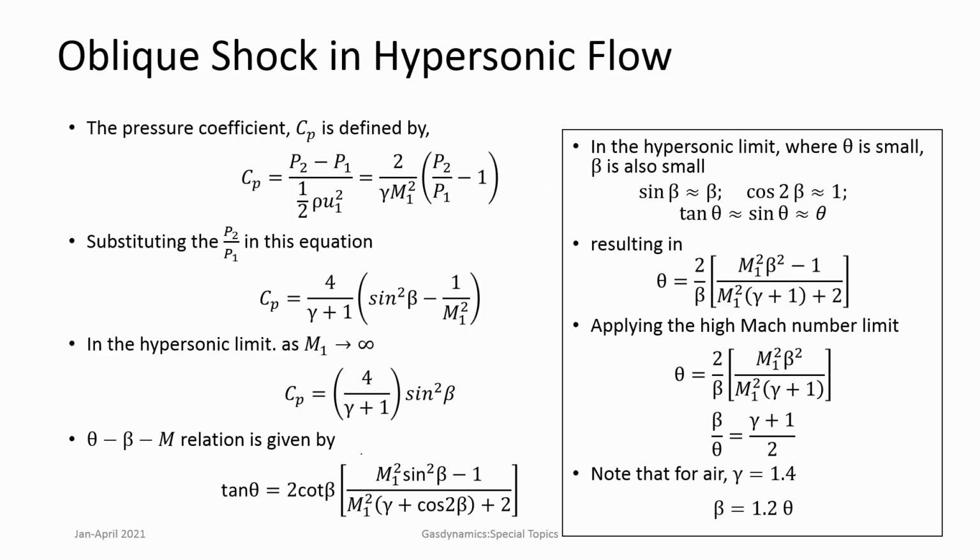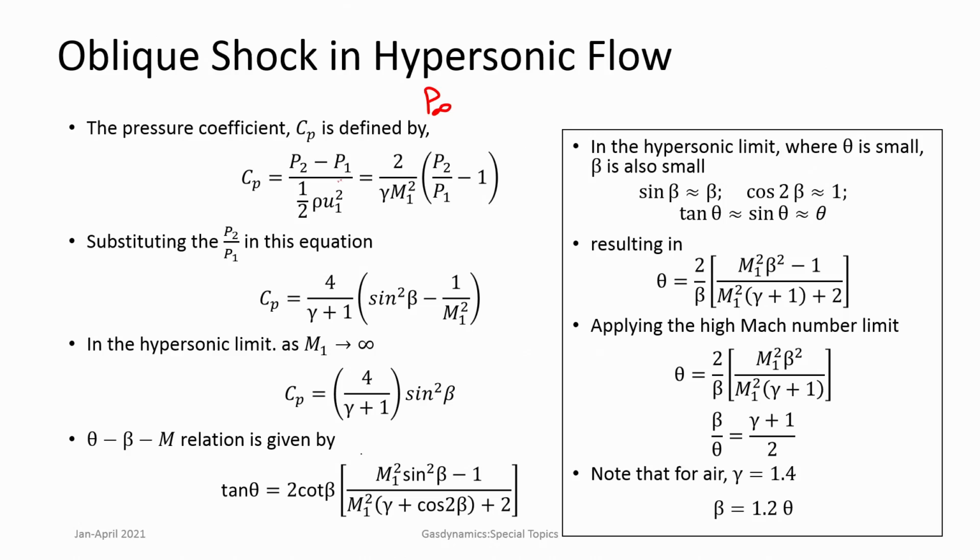Okay. So always we are interested in finding out what is the pressure distribution over bodies. So we want to know the pressure coefficient, and the pressure coefficient is determined as P2 minus P1, where P1 can be P infinity, which is the free stream condition, divided by half rho u1 square, equal to, so we can make this a standard transformation from half rho u square to 2 by gamma M1 square.